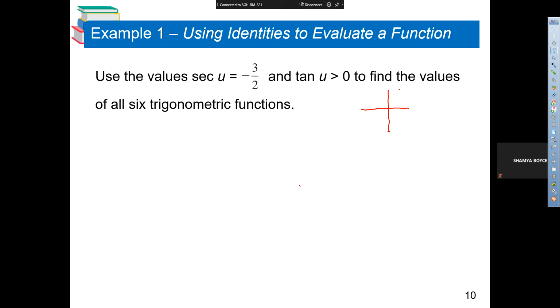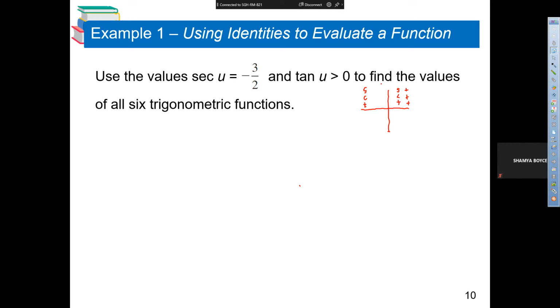I think what we said was, all students, something, I can't even remember what it was. All students, where sine, cosine, and tangent were all positive. Here, when we have sine, cosine, and tangent, what was it?